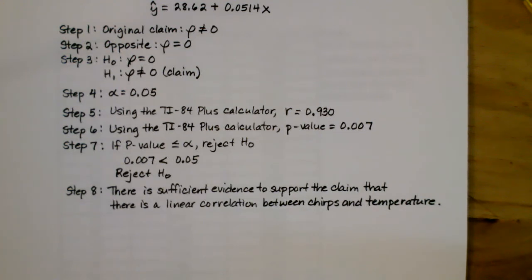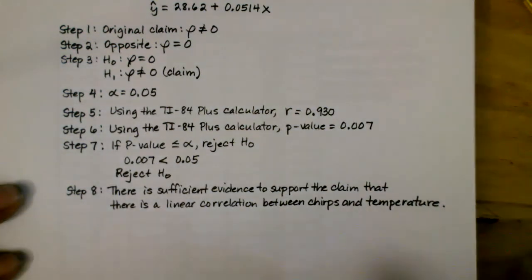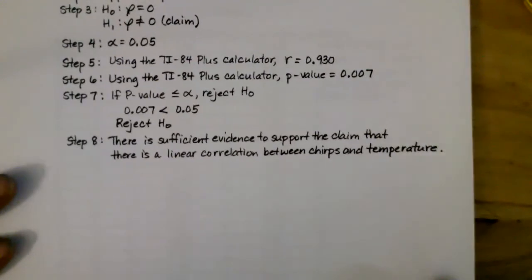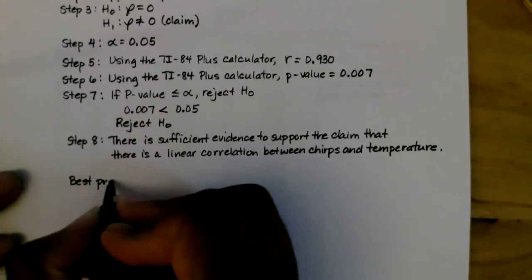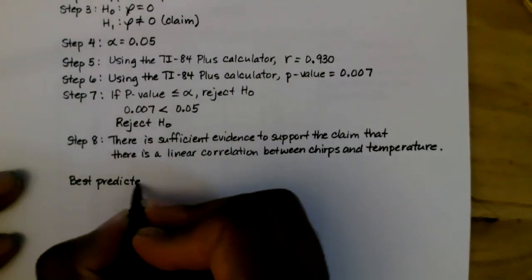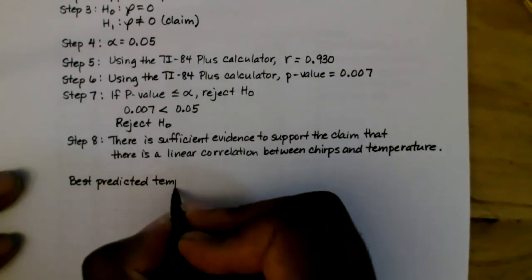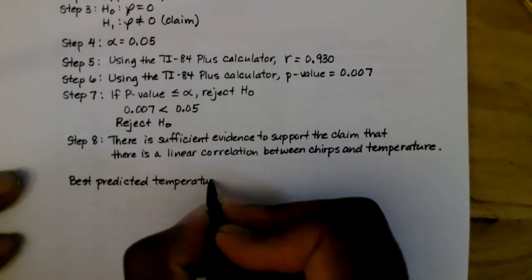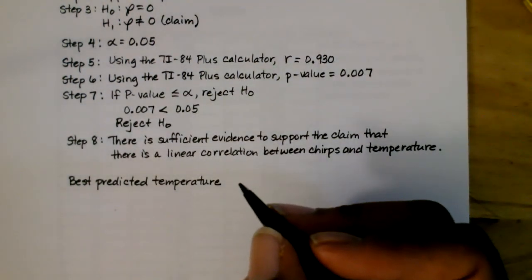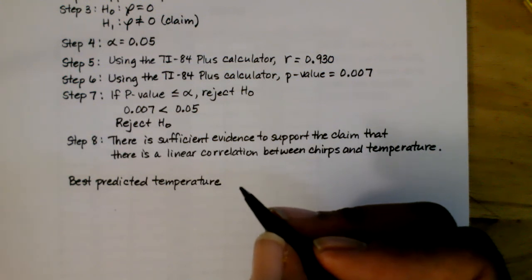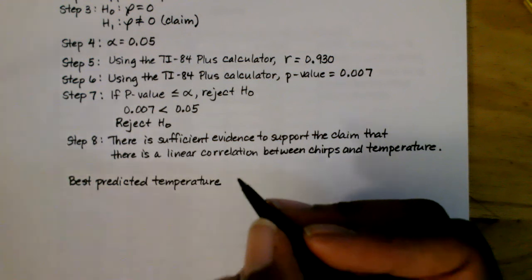Okay. Now, since there is sufficient evidence to support the claim, that means our regression equation is a good fit. That way we can find the best predicted temperature. Okay, so next we'll find the best predicted temperature, and that's for a time when a bug is chirping at the rate of 3,000 chirps per minute.